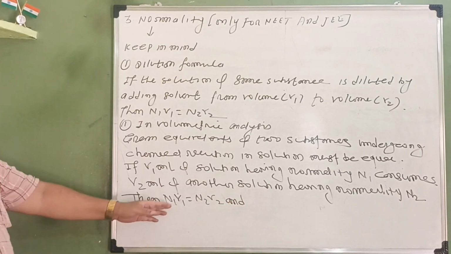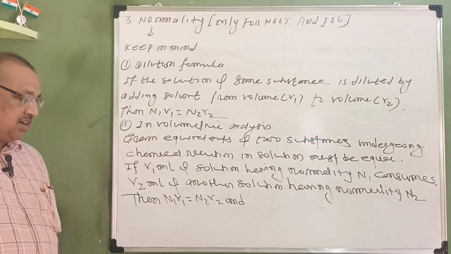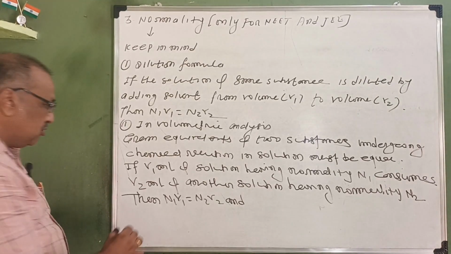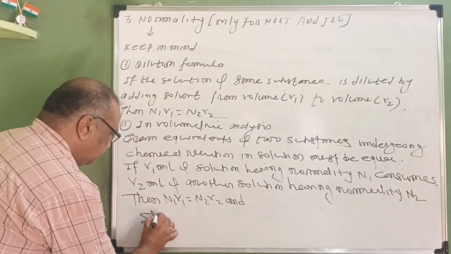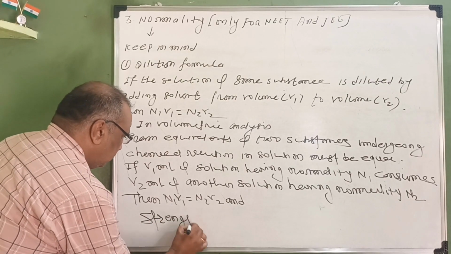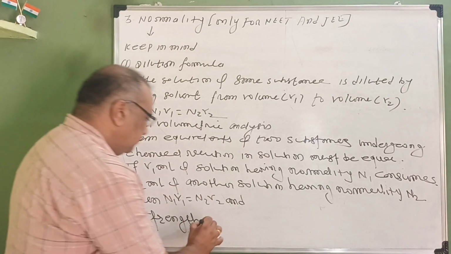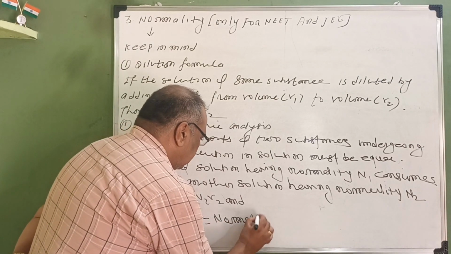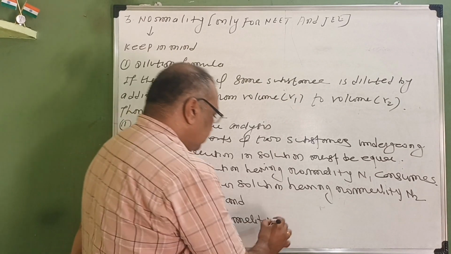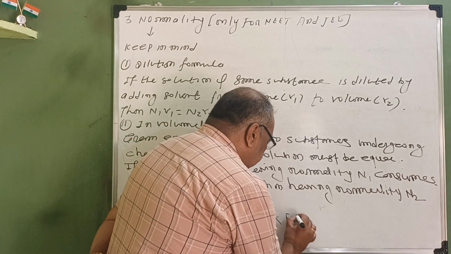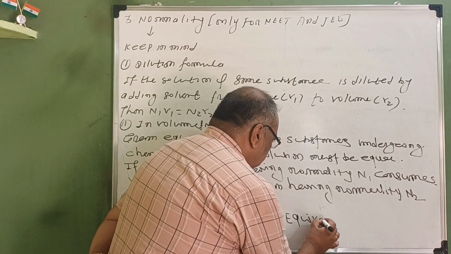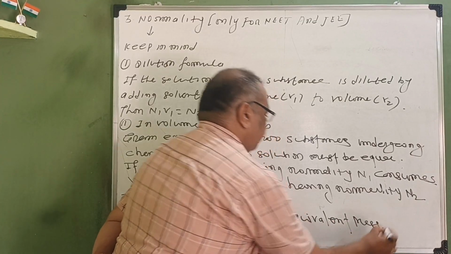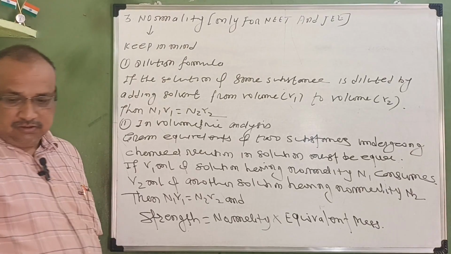This formula is also called a dilution formula, and strength is equal to normality into equivalent mass.